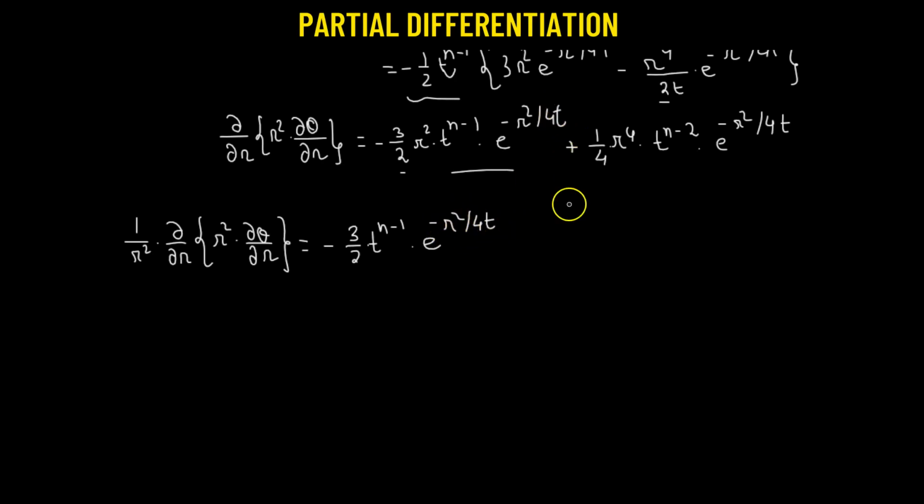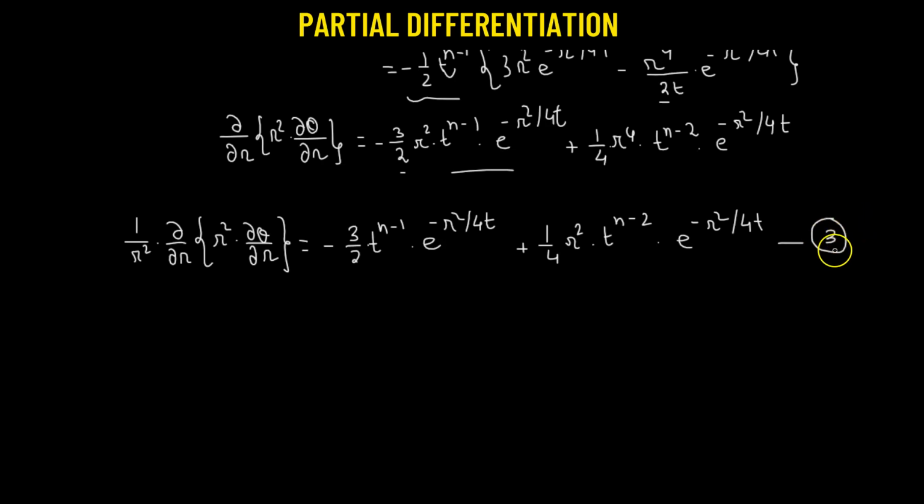Here I've missed out the t. Plus 1 over 4, so we are dividing r raised to the power of 4 with r squared. So we have r squared times t raised to the power of n minus 2 times e raised to the power of negative r squared over 4t. So let's label this as equation number 3.